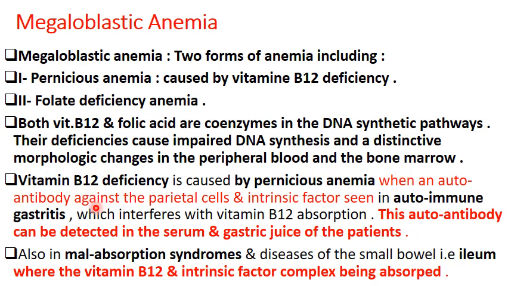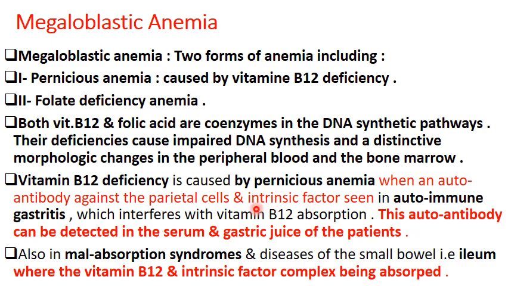Vitamin B12 deficiency is caused by pernicious anemia. What is the meaning of pernicious anemia? As I think I mentioned this type of anemia in some of the previous slides, there is an autoantibody against the parietal cell in the stomach and against the intrinsic factor, seen in autoimmune gastritis, because vitamin B12, when absorbed, needs intrinsic factor.